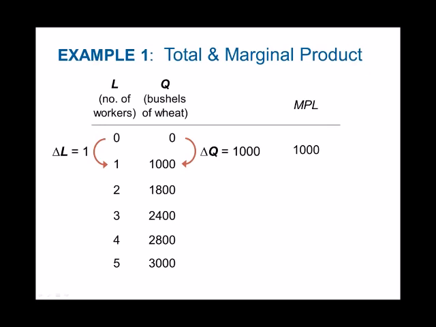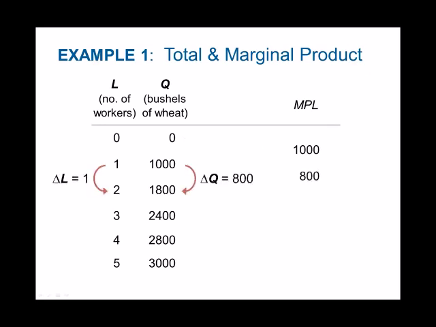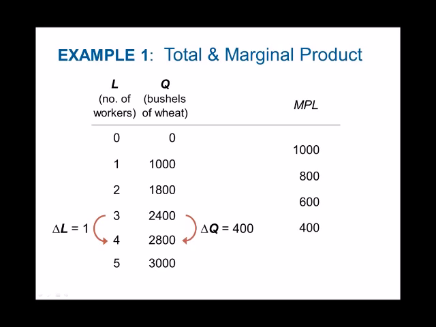Now when you hire another worker, going from 1 to 2, your output goes up by 800. So the first worker contributes 1,000 units, and the second worker contributes just 800 units. Similarly, the third worker will only contribute 600 units, the fourth worker will contribute 400, and the fifth worker will contribute just 200.